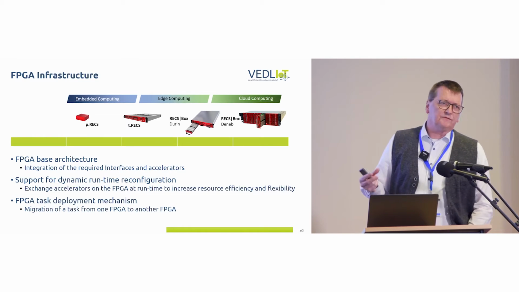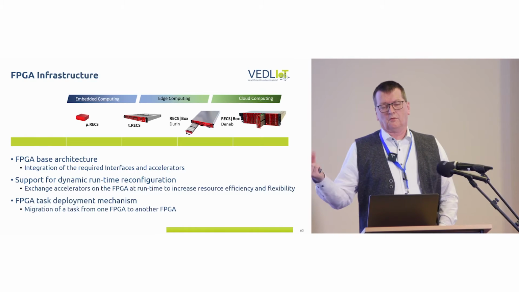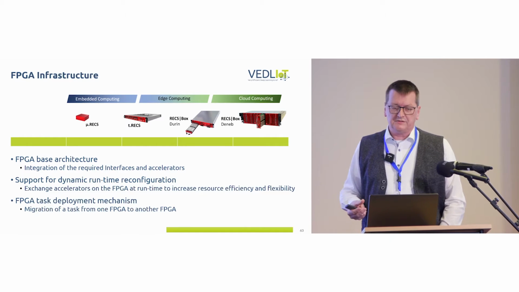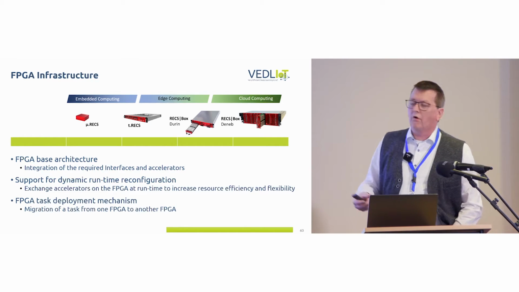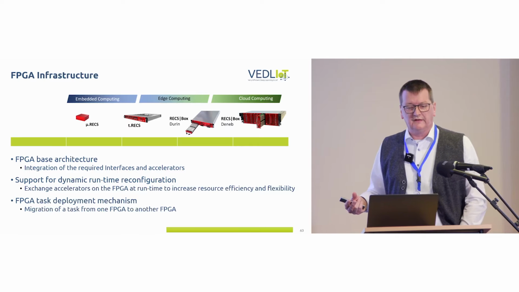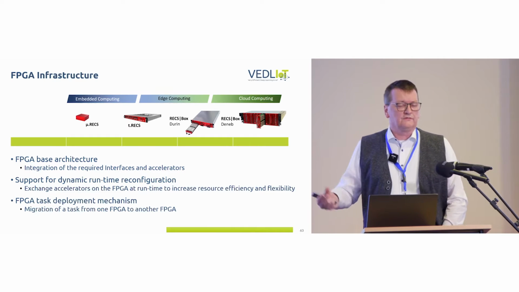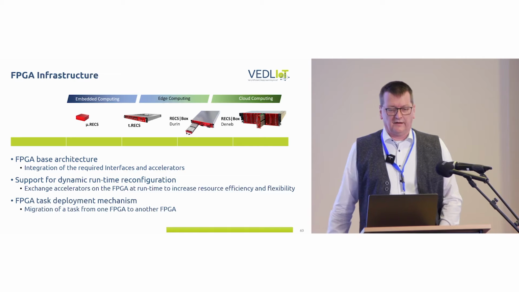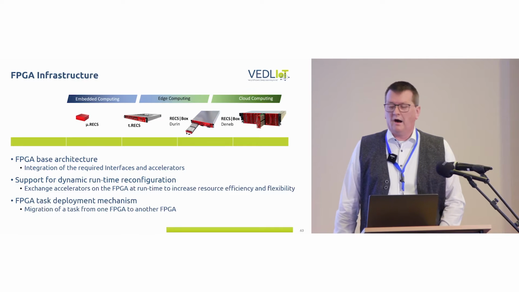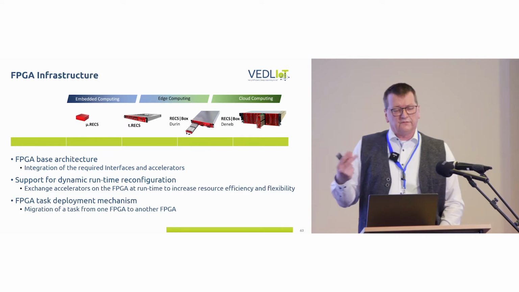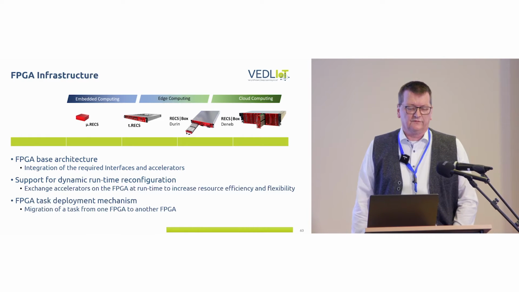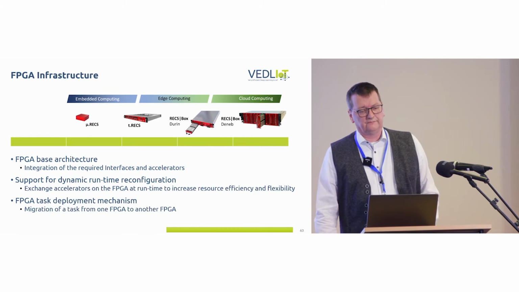So in the micro REX you have about 100K logic cells available on FPGAs. In the T-REX, it's in the order of millions of logic cells, and in the REX boxes, it's in the order of 10 million logic cells, which are available inside the platforms. For the micro REX, on a single FPGA module, and for the larger REX systems, then on multiple FPGAs.